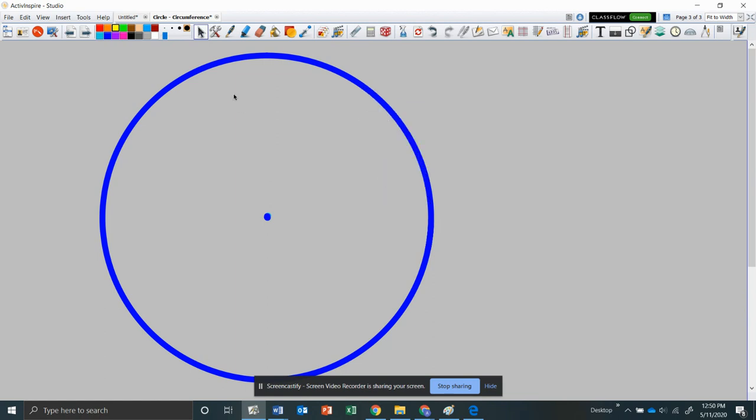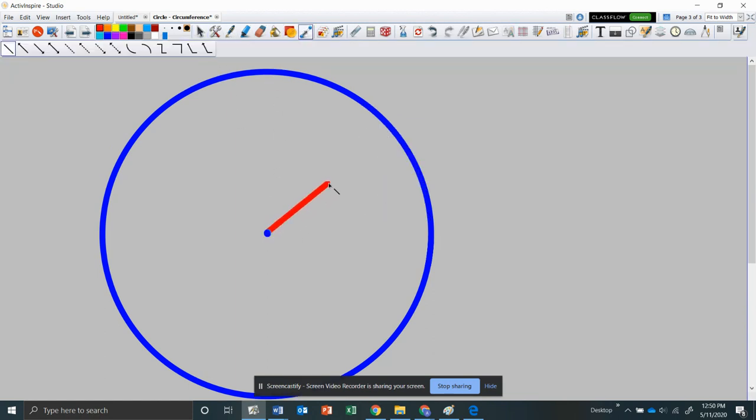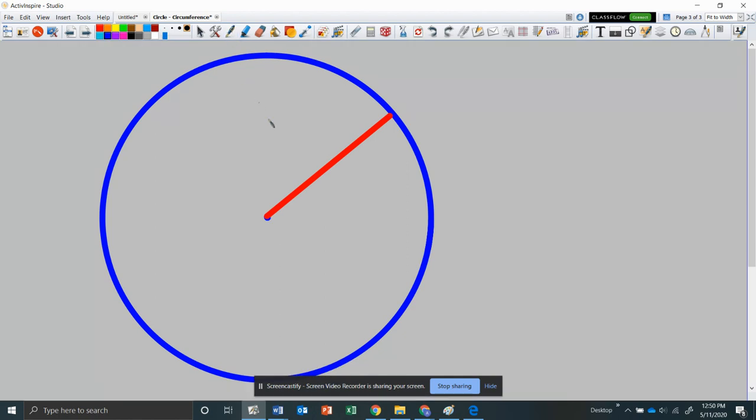And let's say I know in this case that my radius is 4. I'll make this easy. I'll just say my radius is 4 meters.